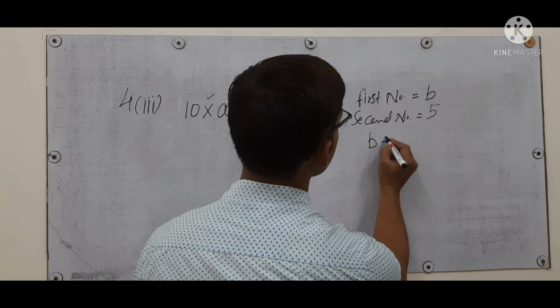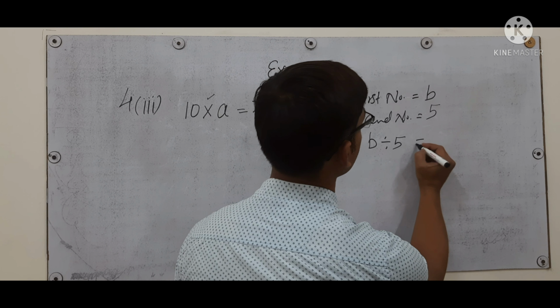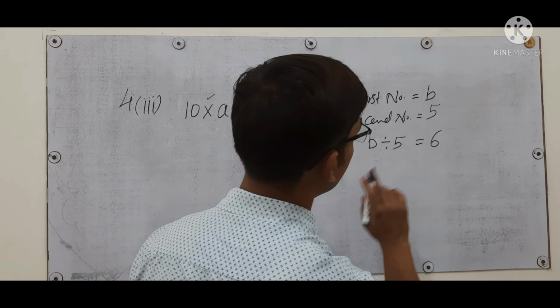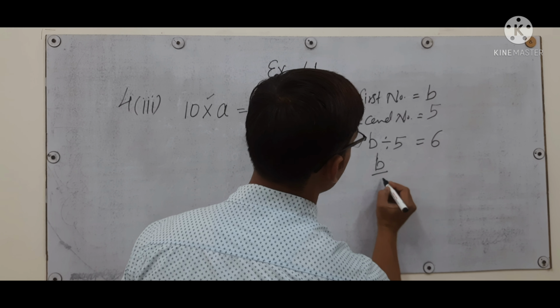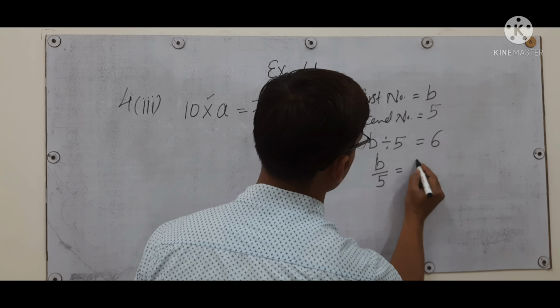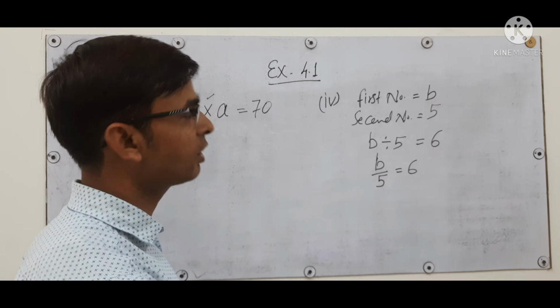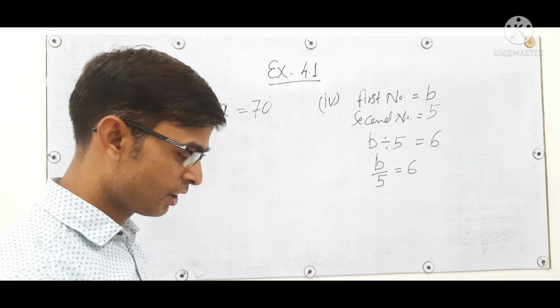When b is divided by 5, it gives quotient 6. So b divided by 5 is 6, and we can write it as b upon 5 is equal to 6. Or we can simply solve it, b equals 30, but we have to write just the equation form, so this is the possible solution.